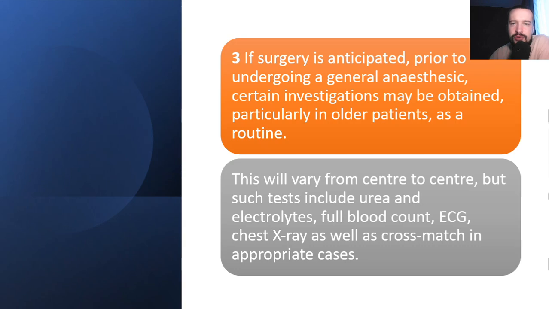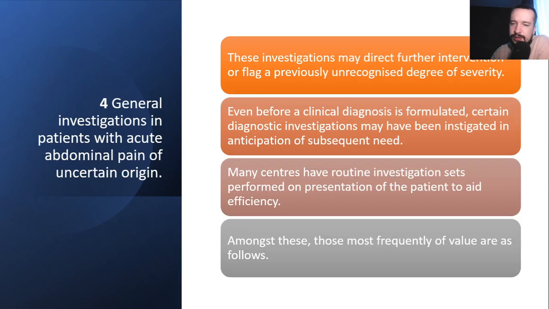Third one, if surgery is anticipated, prior to undergoing a general anesthetic certain investigations may be obtained, particularly in older patients, as a routine. This will vary from center to center, but such tests include urea and electrolytes, full blood count, ECG, chest X-ray, as well as cross-match in appropriate cases. General investigations in patients with acute abdominal pain of uncertain origin.